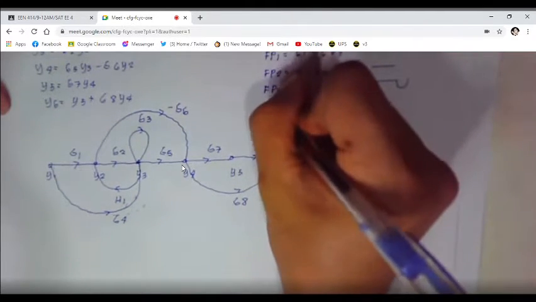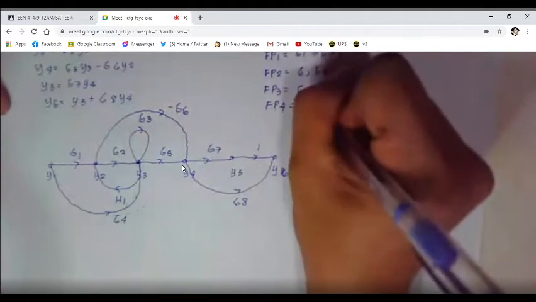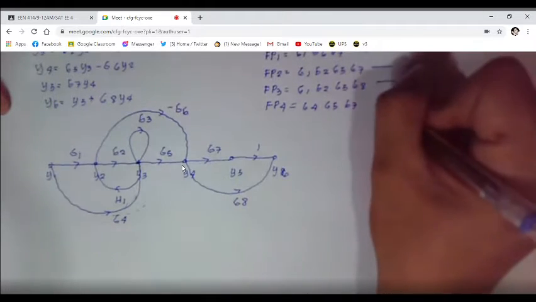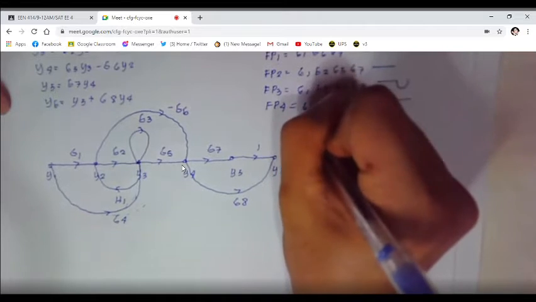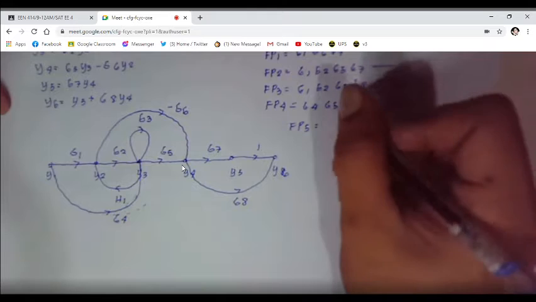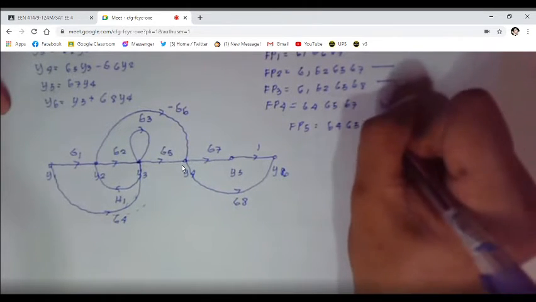Tapos, forward path 4, ito naman. So, you have G4, G5, G7. So, parang ganito. Forward path 5, ito. So, that is G4, G5, G8.